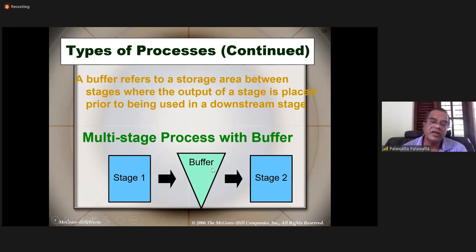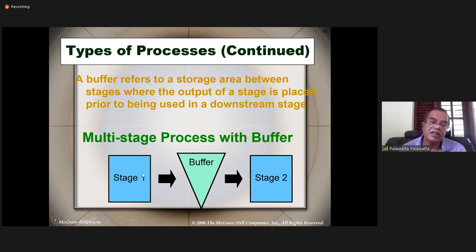So there will be inventory. So this particular inventory will act as the buffer, and then you can store them in this storage. So this inventory becomes a buffer, and then buffer actually helps stage 1 and stage 2 function independently.